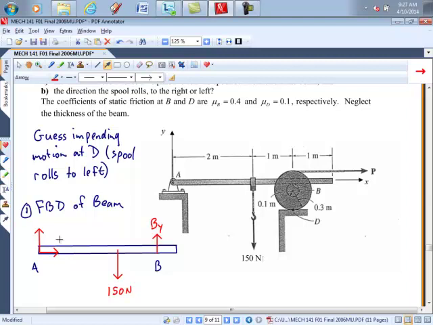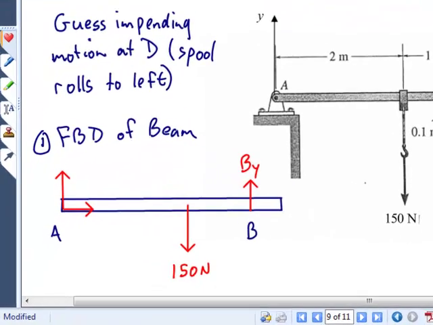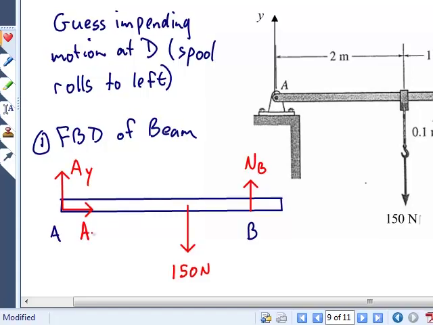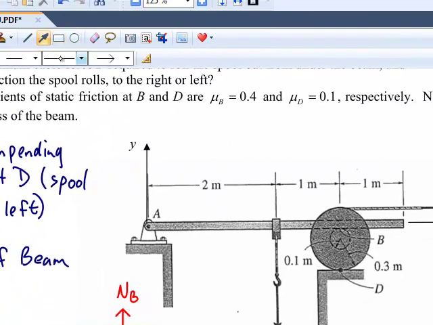And the friction force at B. What direction is the friction force at B going to be on the beam?